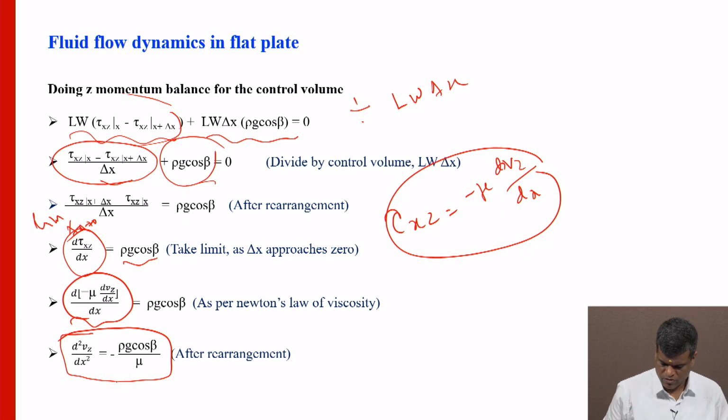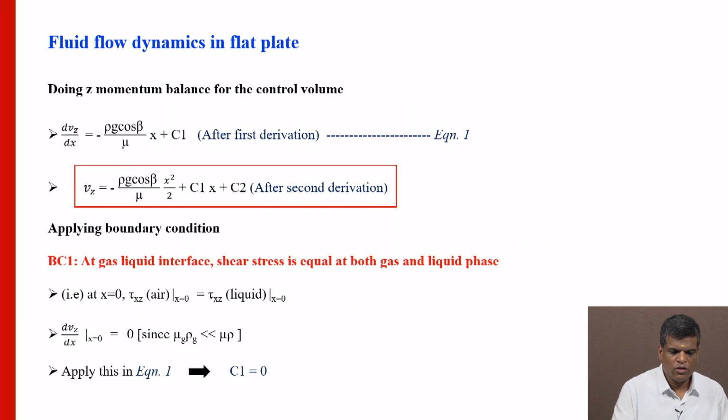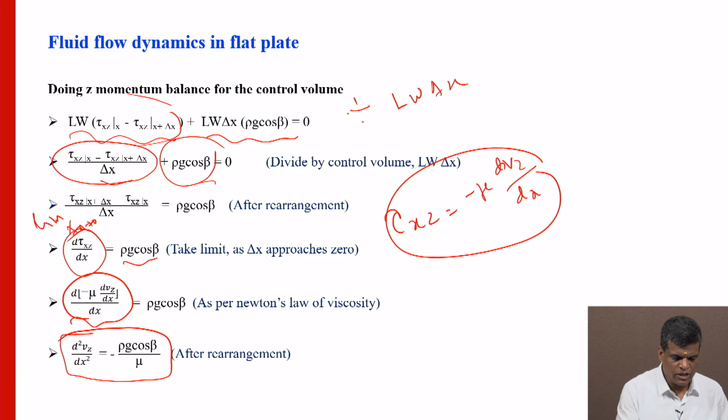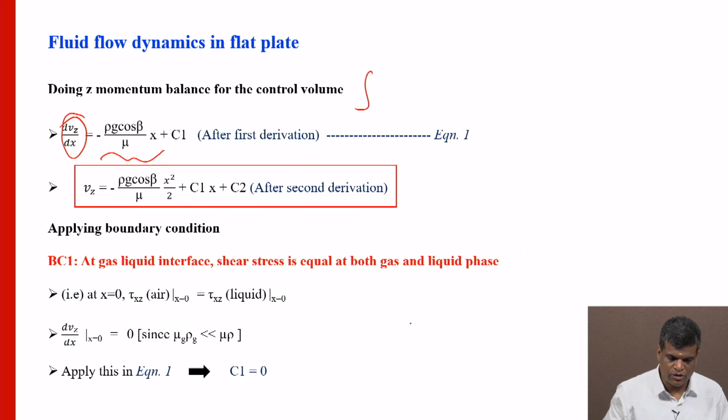We integrate this equation on both sides, and we get dv z by dx equal to minus rho g cos theta x plus c1, some integration constant.